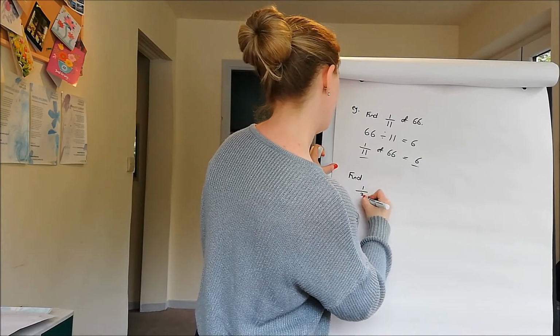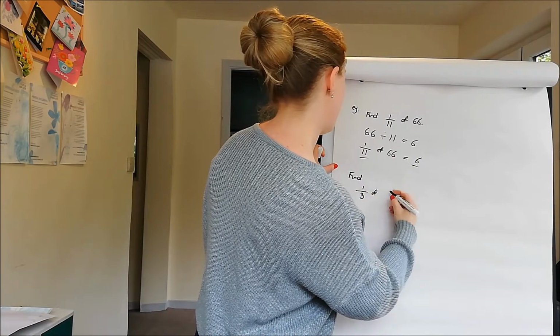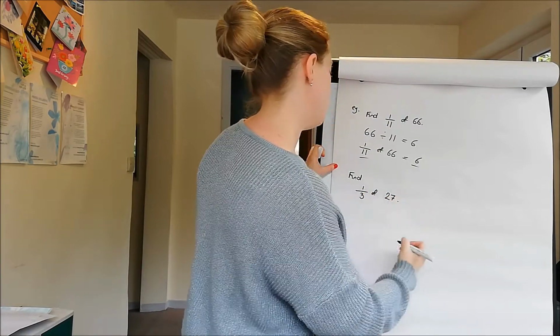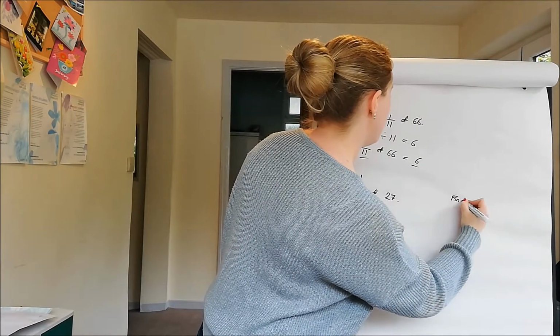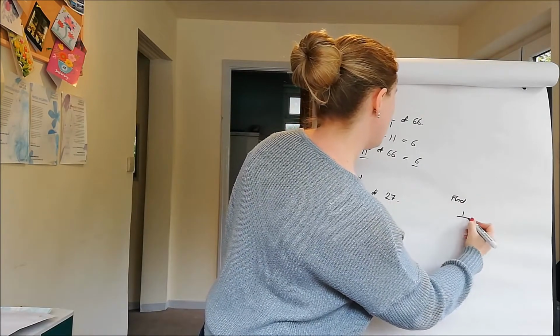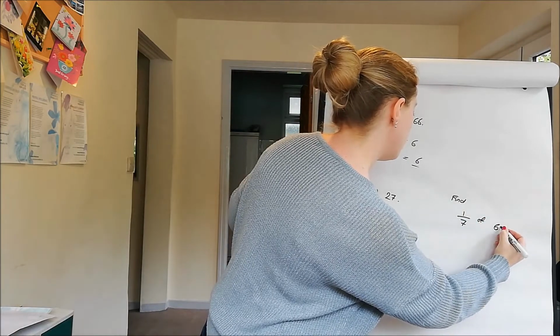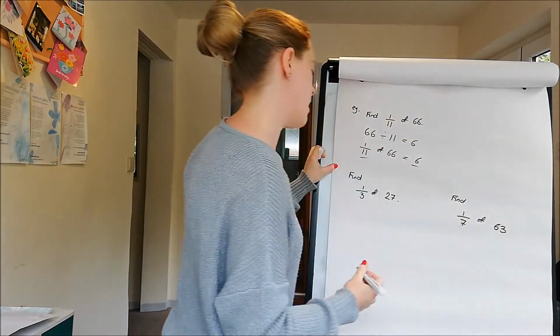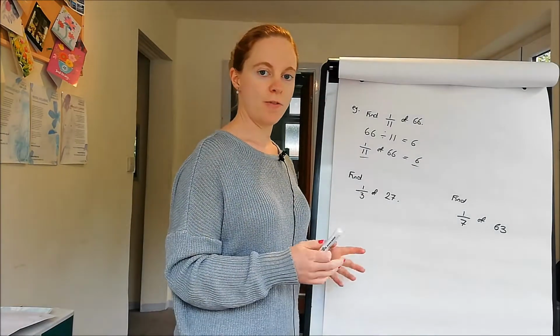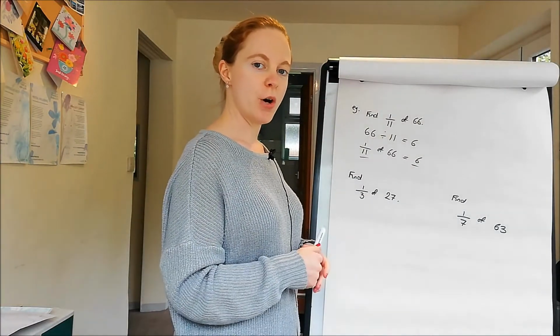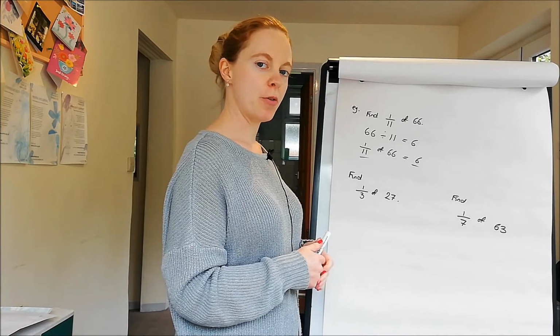So have a go at: find 1/3 of 27 and find 1/7 of 63. So if you hit pause, have a go at those. When you've done them, hit play and I'll go through them.